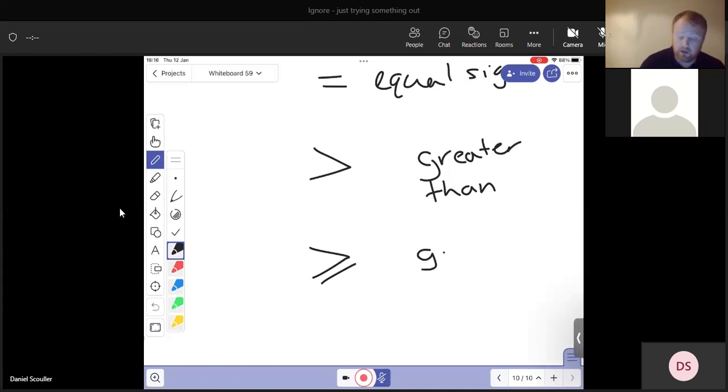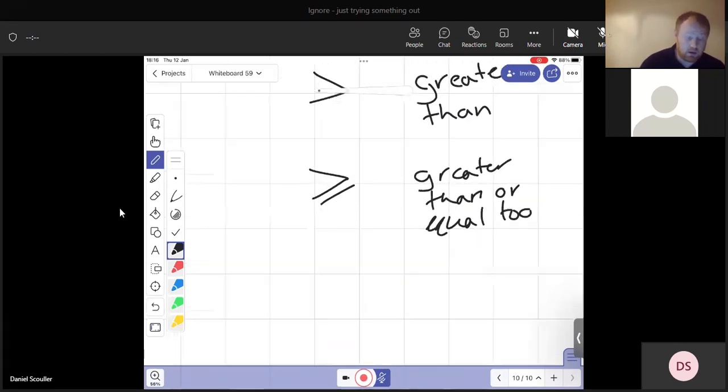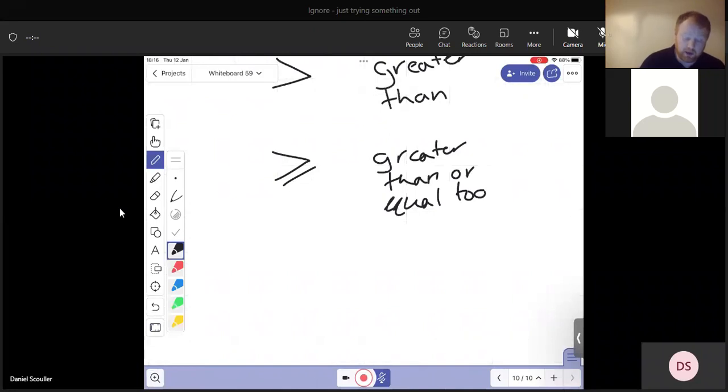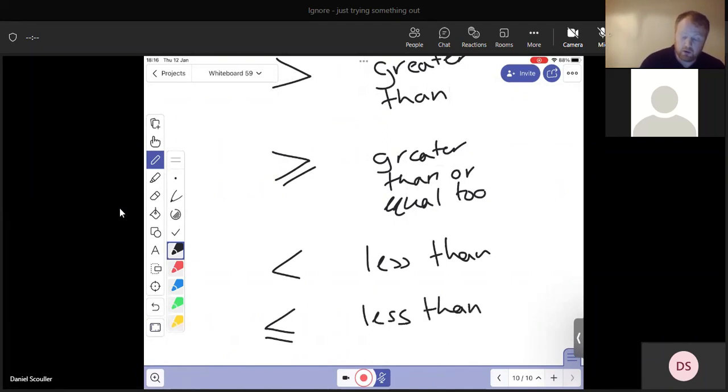That'll be greater than or equal to. Then we've got the triangle pointing to the left, less than, and then with a line under it, less than or equal to.